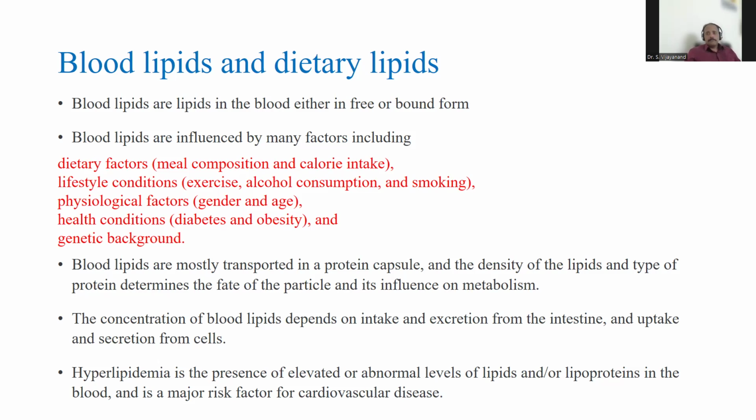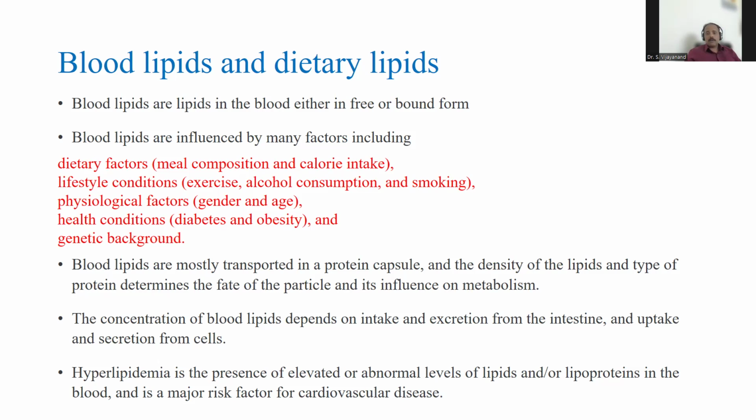These lipids in blood make use of proteins for their transport, and the density of the lipid and the concentration of the protein determine the fate of the lipid particle and also influence its metabolism.